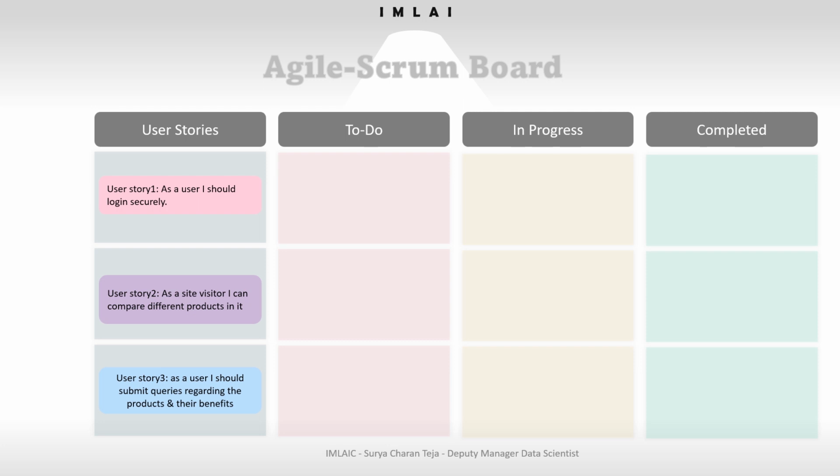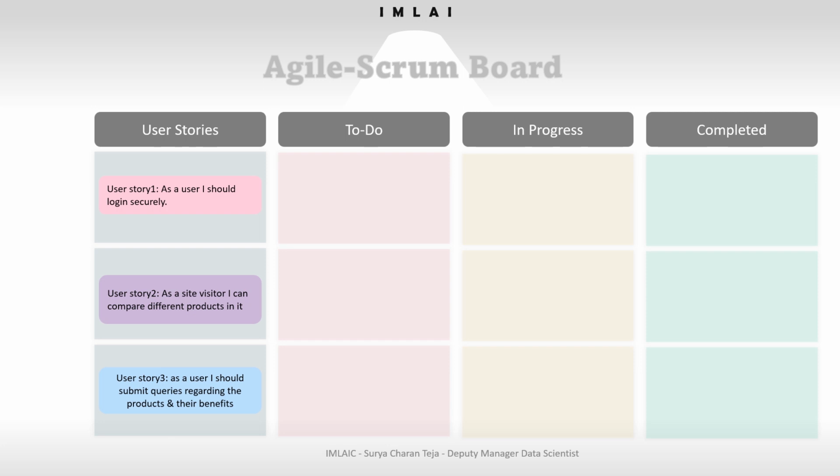we have broken down all the product backlogs into different user stories, and those product backlogs were attached to the different sprints. For example, let's take sprint one, which has a few backlogs, and the backlogs consist of these user stories.